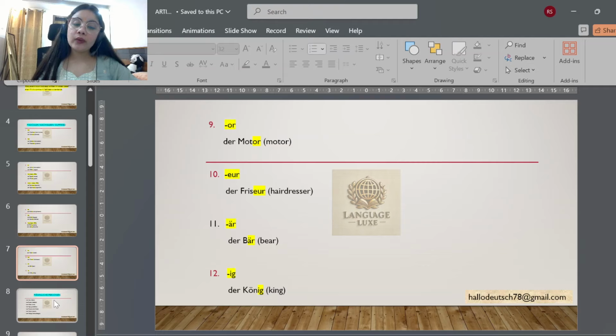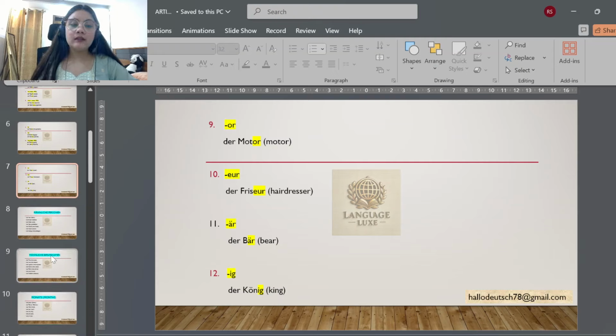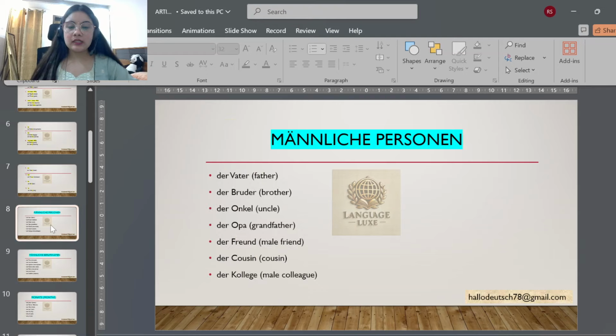So these are your 12 endings, 12 suffixes which will help you to identify your masculine nouns, your masculine article. Then comes männliche Personen.